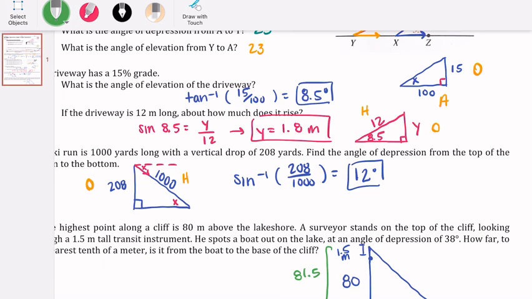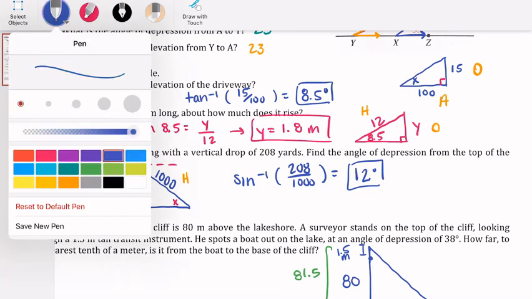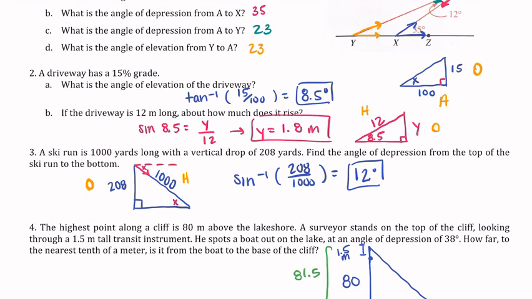It says then that he spots a boat out on the lake at an angle of depression of 38 degrees. So that means there's this boat out here, right? And he is looking at it at an angle of depression of 38 degrees. So remember, when you're dealing with an angle of depression, you're going from horizontal, and then you are looking down.